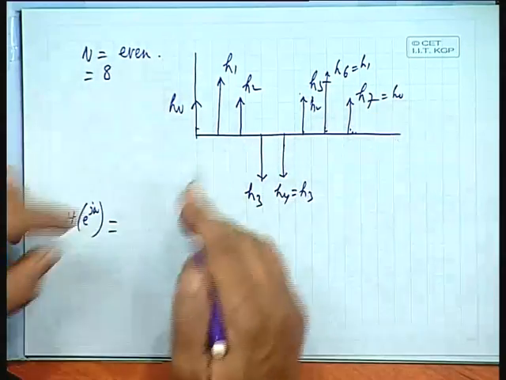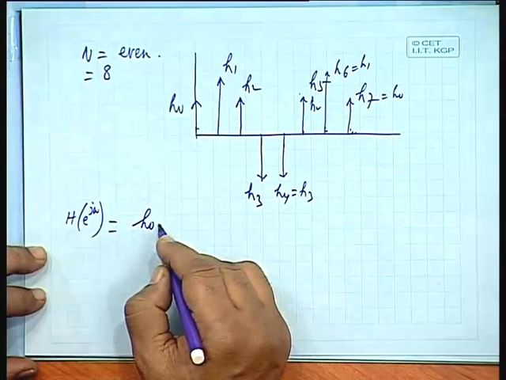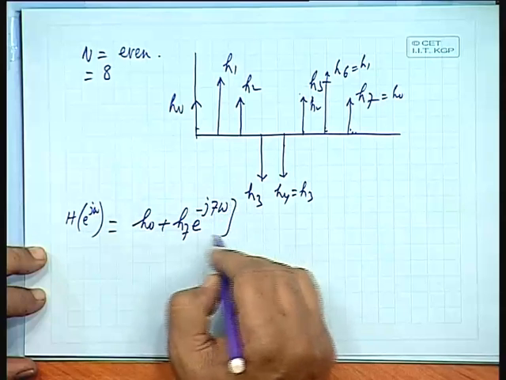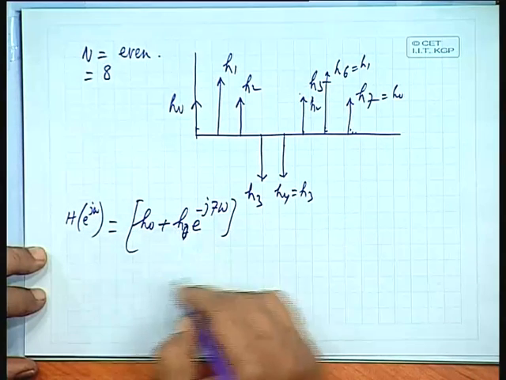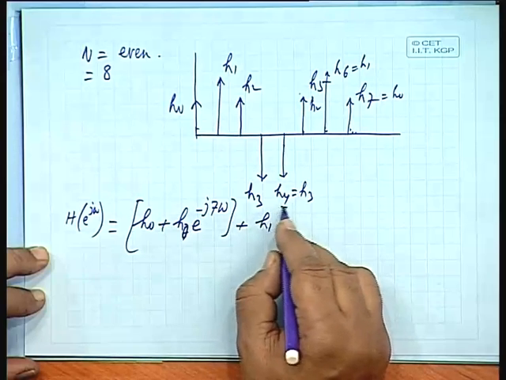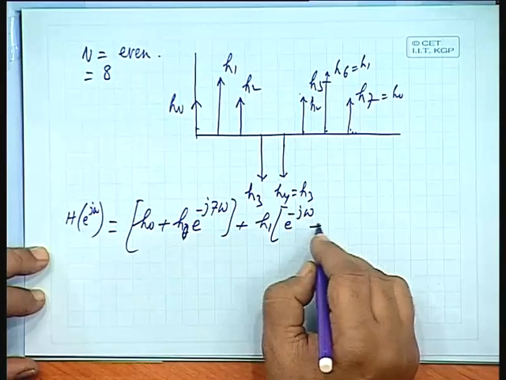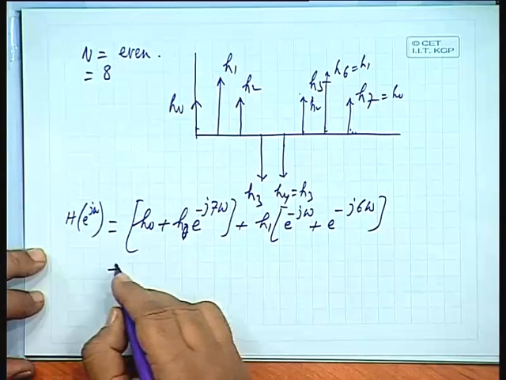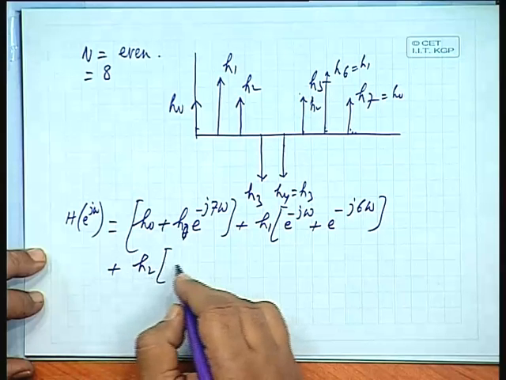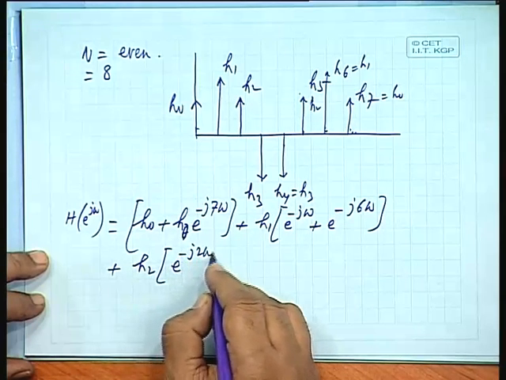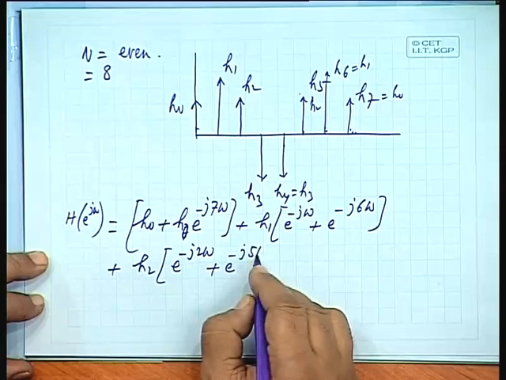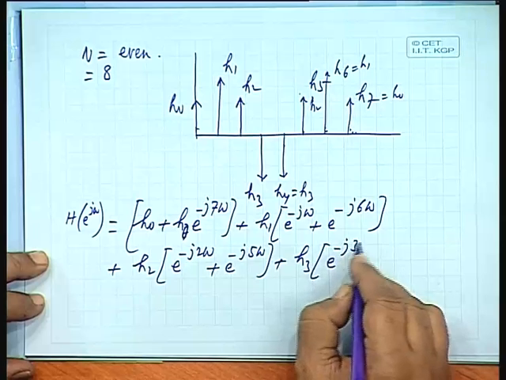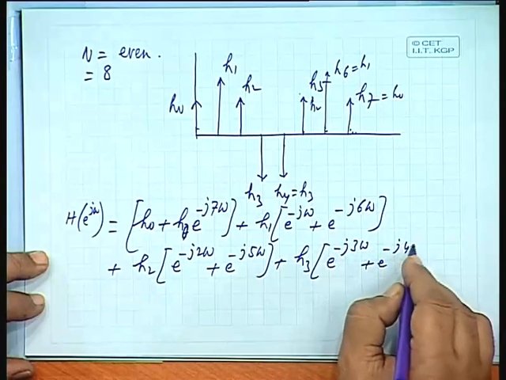If you pair this and this, it will be H0 plus H7 e to the power minus j 7 omega, and H7 is nothing but H0, plus H1 into e to the power minus j omega plus e to the power minus j 6 omega, plus H2 into e to the power minus j 2 omega plus e to the power minus j 5 omega, plus H3 into e to the power minus j 3 omega plus e to the power minus j 4 omega.